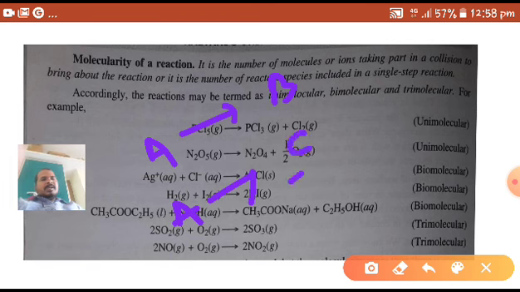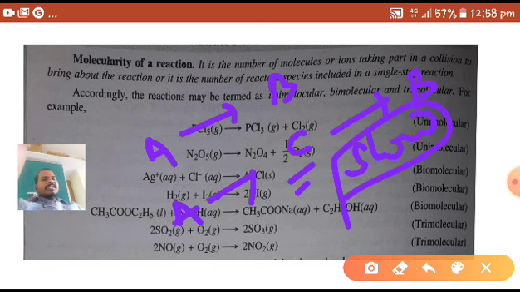First of all, it gives C, and C turns to B. If the second step is a slow step, it is called the rate determining step. In the slow step, how many molecules participate? Only 1. So it is called a unimolecular reaction.